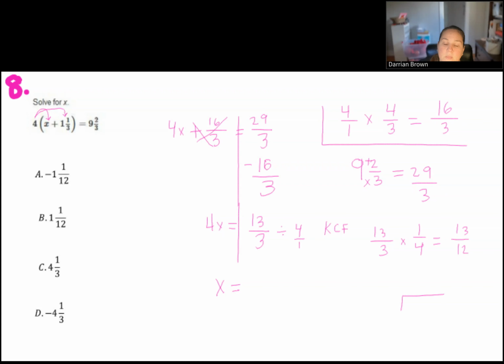What do we need to do with that improper fraction? We need to divide it. Good, Madeline. So how many times can 12 go into 13? Just once. That's 12. When you subtract, you're left with 1. So that gives us 1 and 1/12. So the correct answer is B.